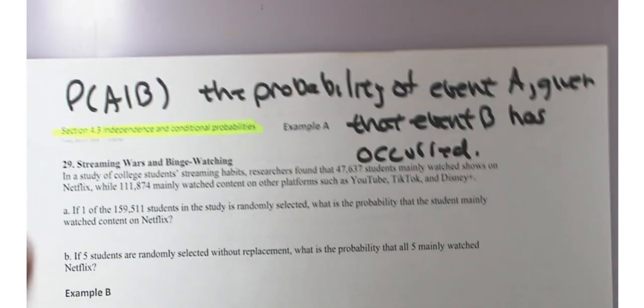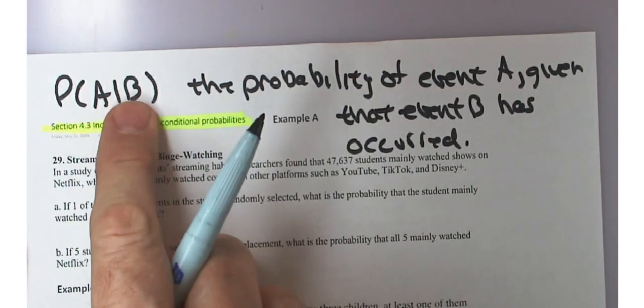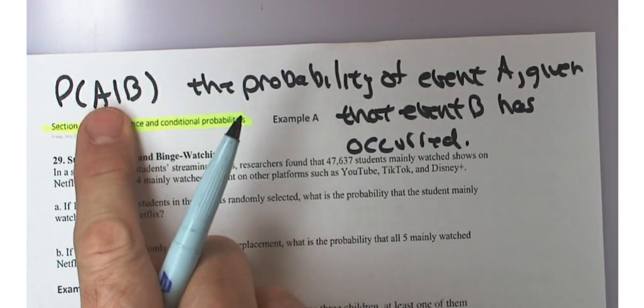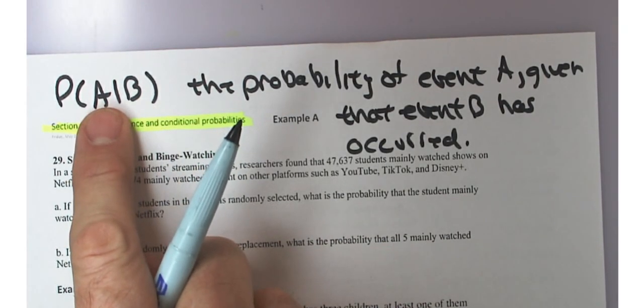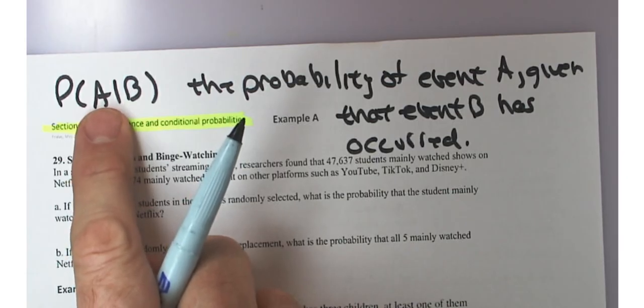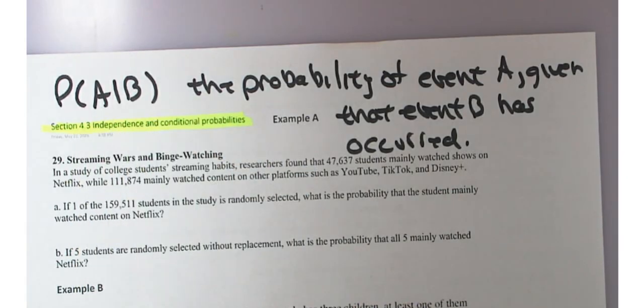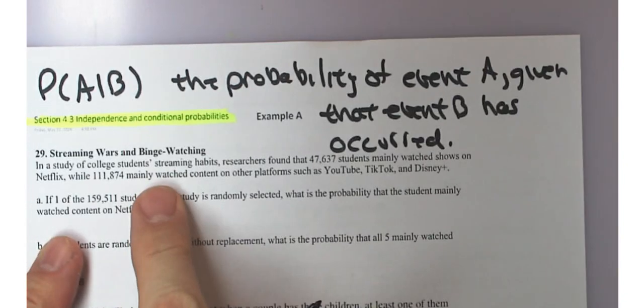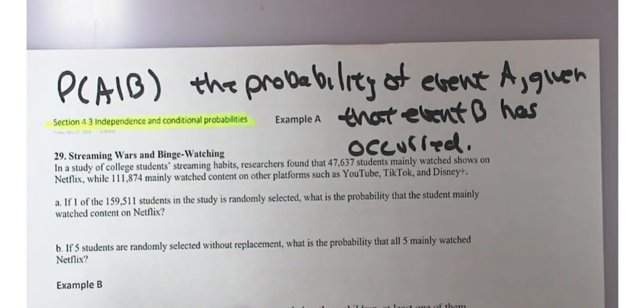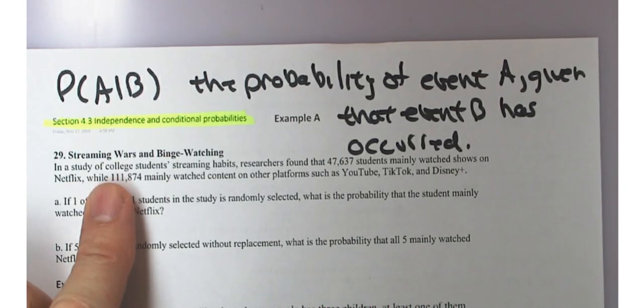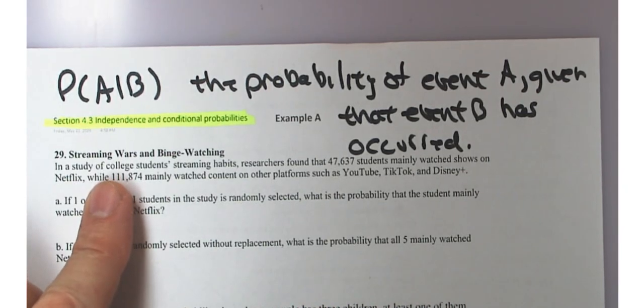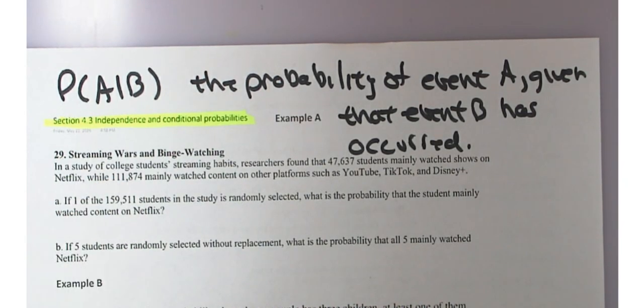So if you know that this event occurred, how does that affect the probability of event B or event A? So we're going to spend some time on that. That's going to be related to calculating other probabilities, and it's also going to be wrapped up in something called independence. So let's take a look at this, and it's also going to bring back our 5% rule for us.